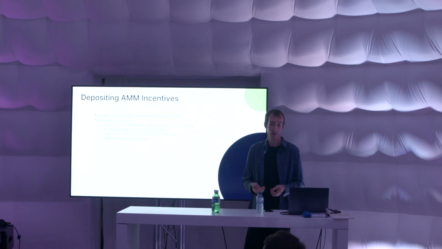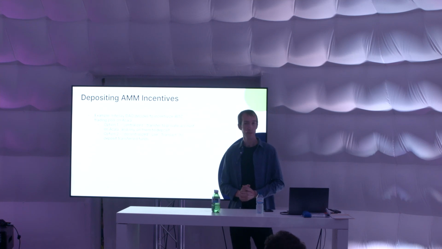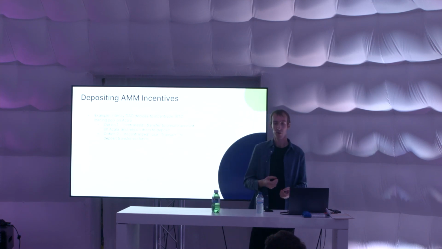Do we trust some account of the external parachain that we send it to? Do we send it to an account that we control? It's problematic to have this middleman that you have to rely on. So the alternative is to do it directly: to have a single XCM message that first sends the tokens and then has a transact to directly call the necessary function to deposit the tokens into the pool to be used as incentives.